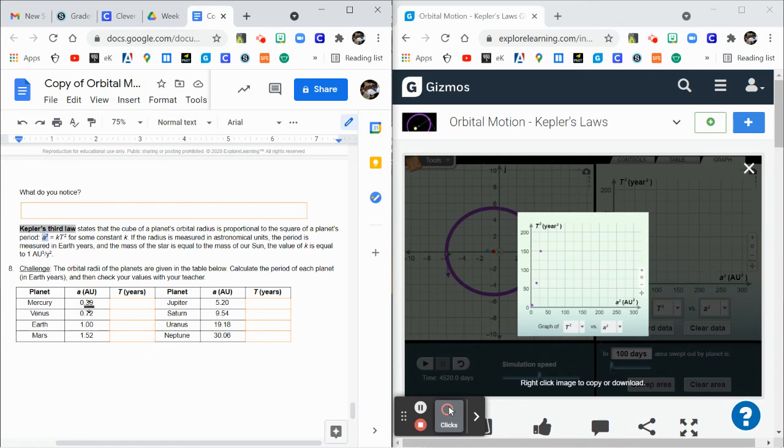If you have your radius, you can just cube this number, right? Cube that number and then divide it by 1, right? And then take the square root of that number, and you'll get your t in years. All right. So that's how you do that last problem.